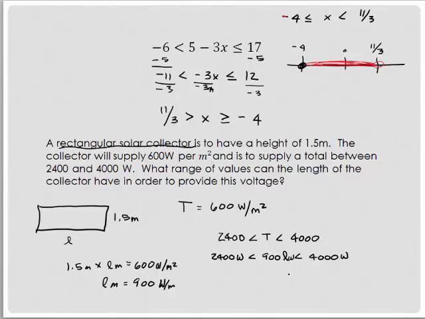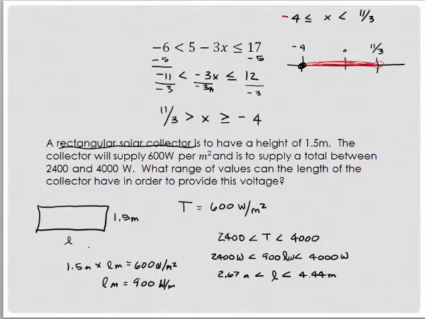Okay, so if we divide the 900, we end up with 2.67, which didn't come out, meters is less than L is less than 4.44 meters.